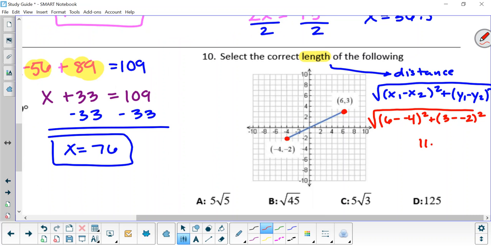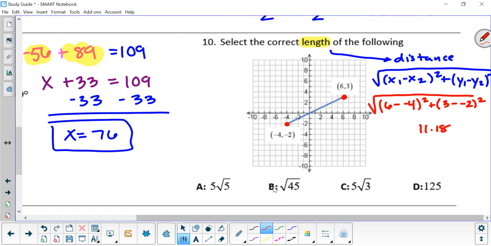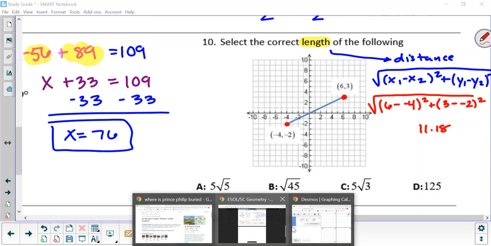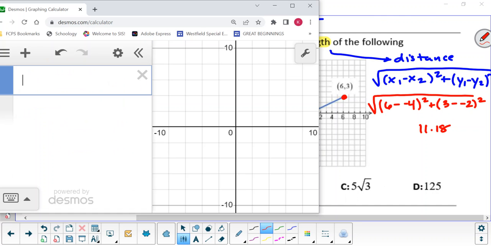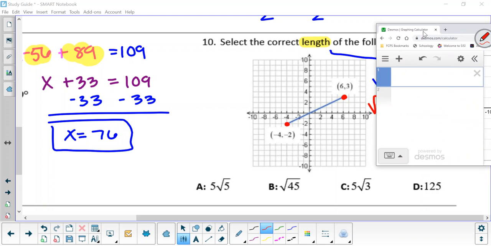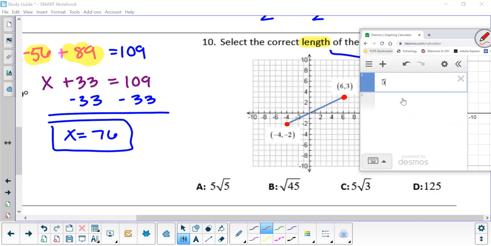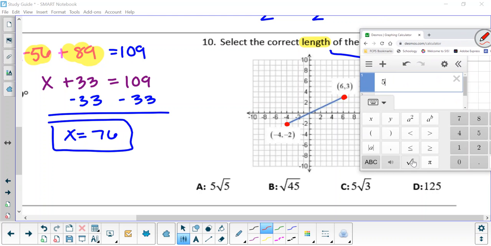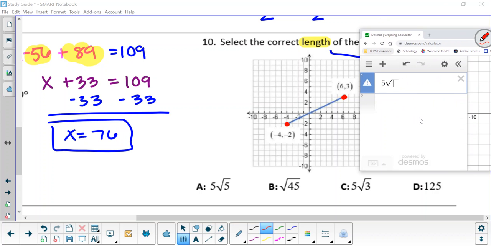So that gives me 11.18. Now that is not an answer choice, but if I type each of these into my calculator, one of them will give me the same decimal. So if I go back to Desmos, let me move Desmos over a little here. We're looking for 11.18. So if I do 5 square root 5, oh, it gives me 11.18.